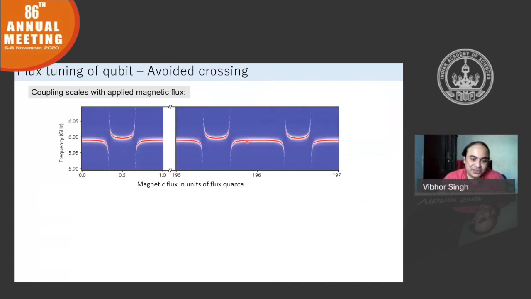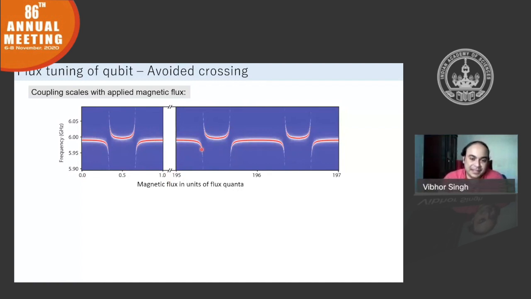The advantage of using the higher lobes is that if you bias the magnetic flux close to these slopes, where the change in frequency is highest, then mechanical motion comes out as phase fluctuation of the signal that comes out from the cavity.